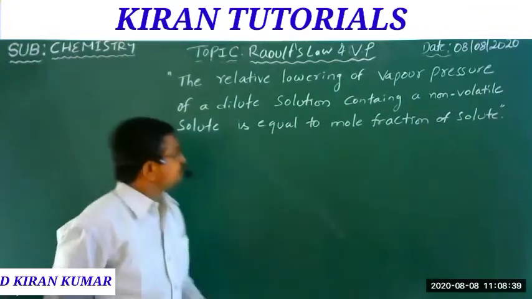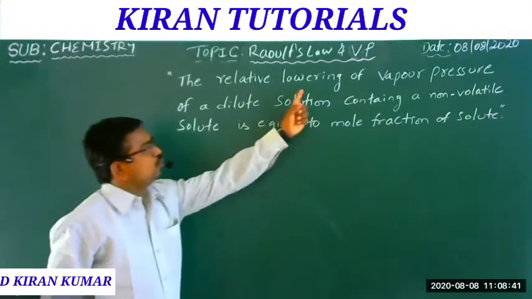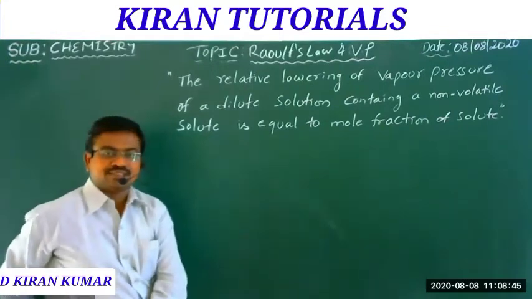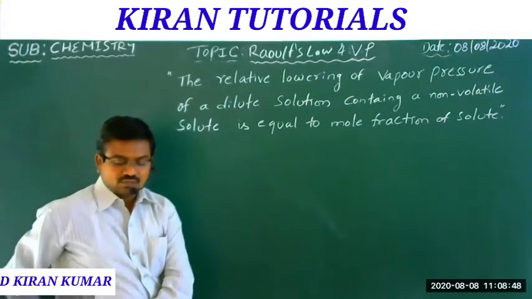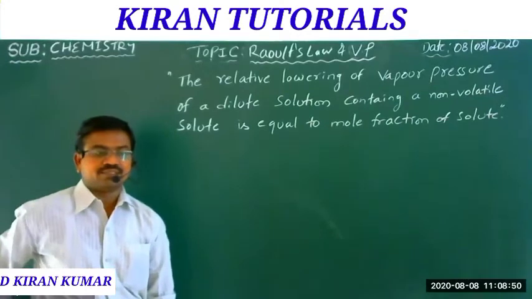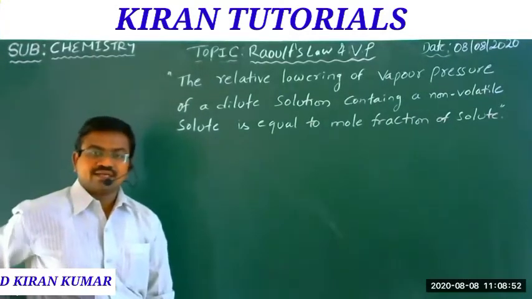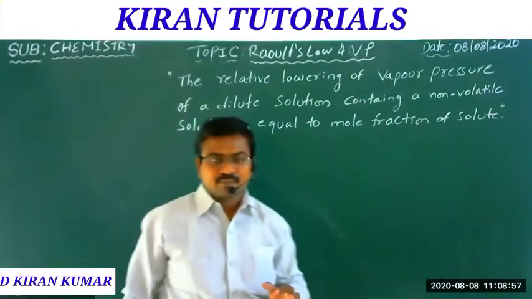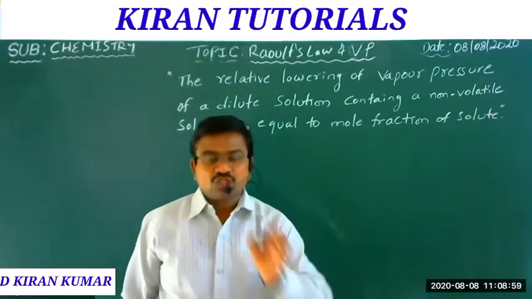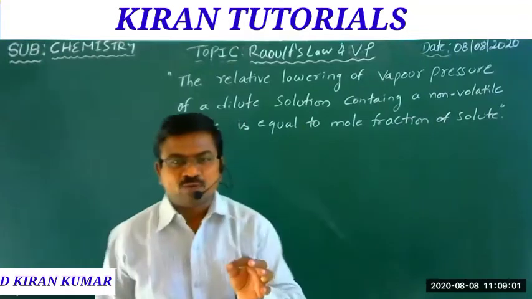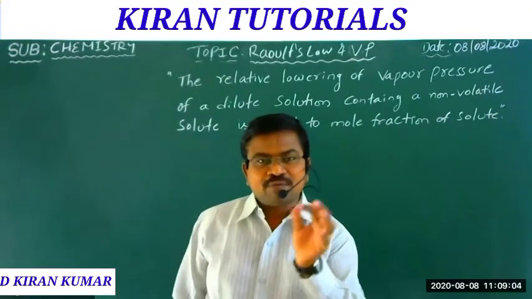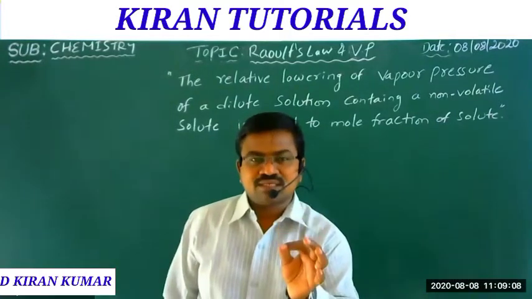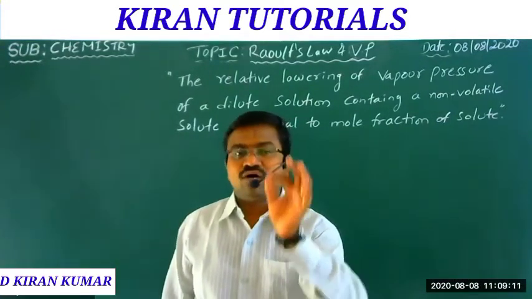So what is Raoult's law? The relative lowering of vapor pressure. What is relative lowering of vapor pressure? It means the ratio between the lowering of vapor pressure in solution and the vapor pressure of liquid or solvent.